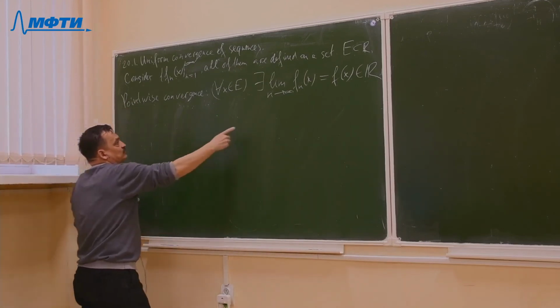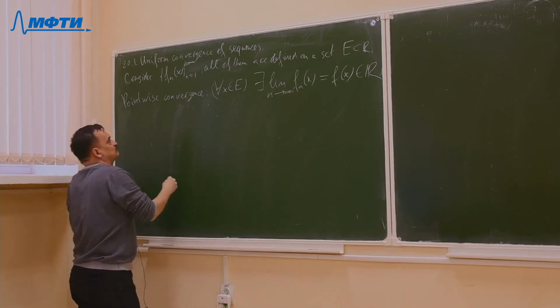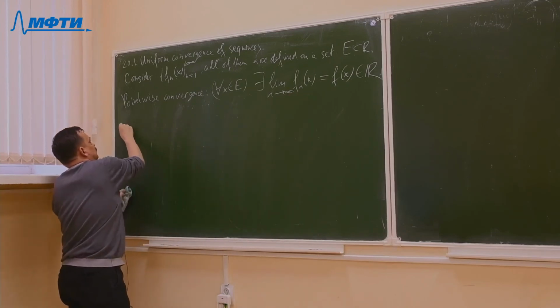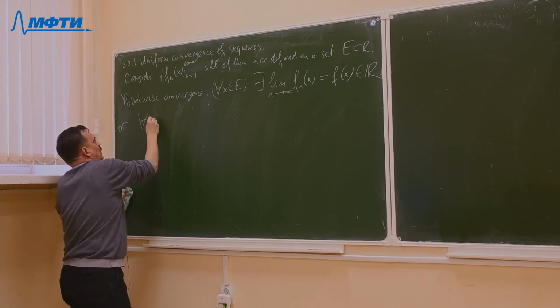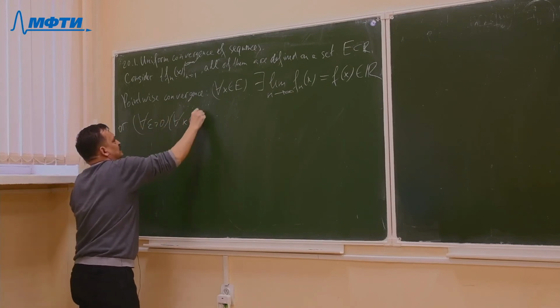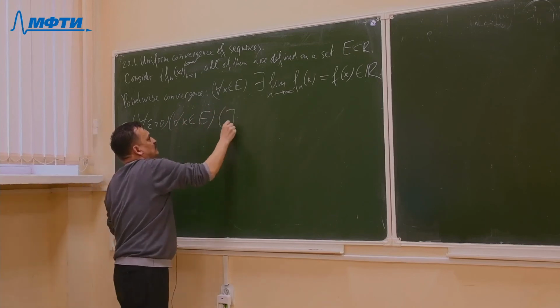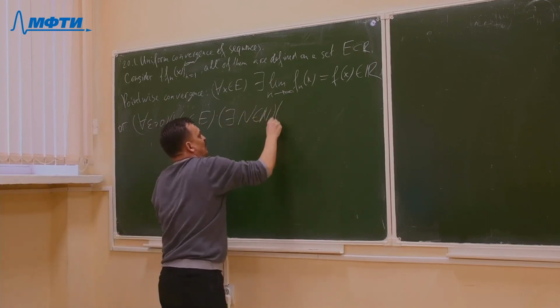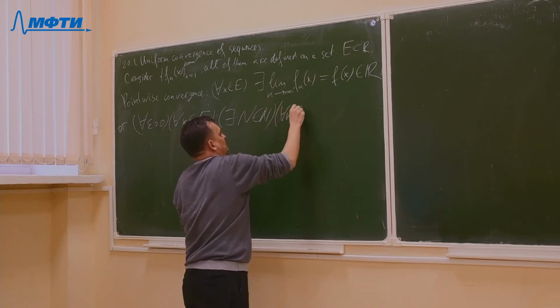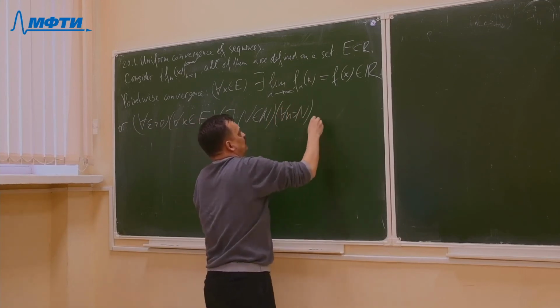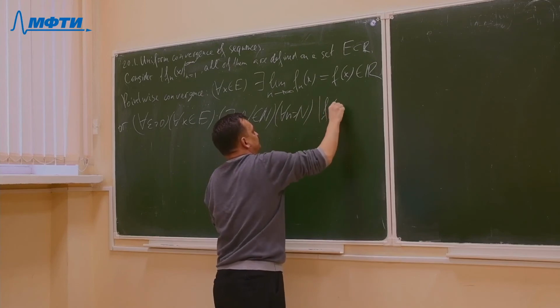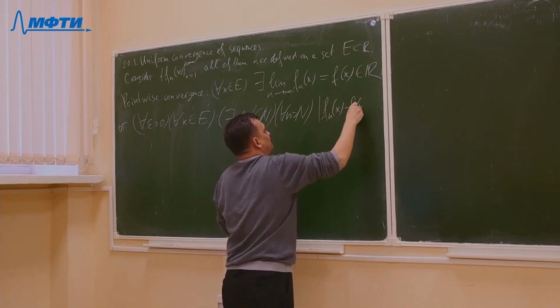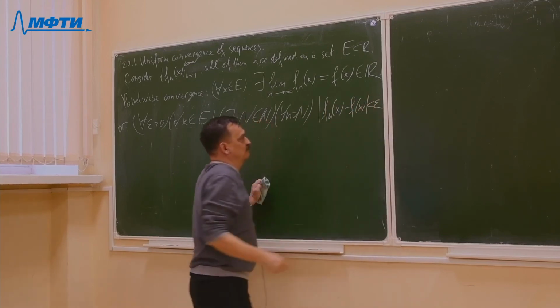In quantifiers, let me explain. For arbitrary epsilon greater than 0, for arbitrary x in E, there exists a natural capital N such that for all n greater than this capital N, we have the inequality less than epsilon.